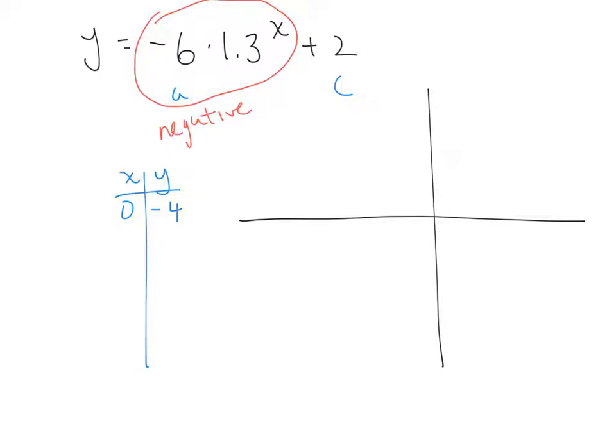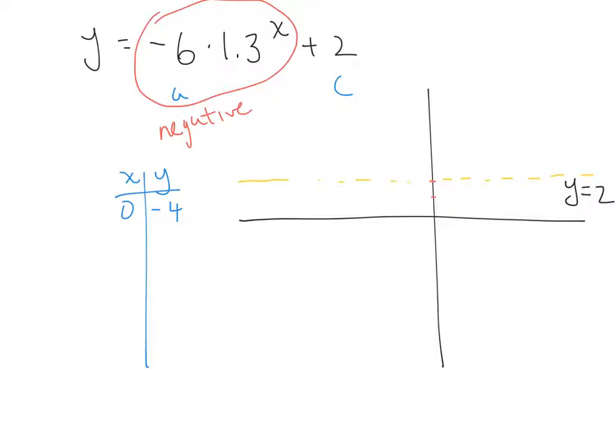We have our horizontal asymptote at 2, so the line y equals 2 is our horizontal asymptote. As x gets bigger, we get more and more negative, and so we have 0, negative 4.